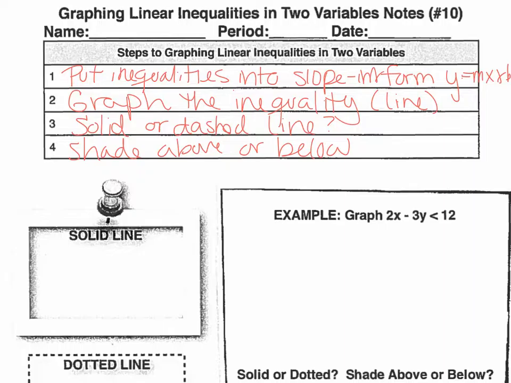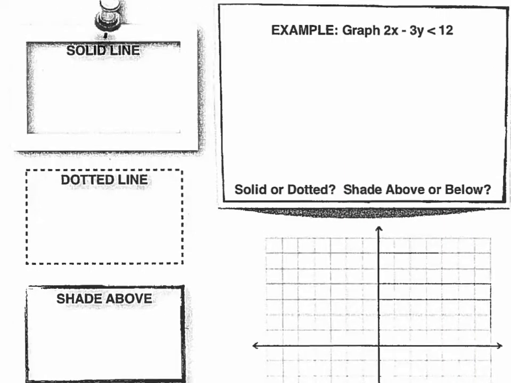and next we'll actually go through an example. Alright, so before we get too deep into our example, let's go through how we determine whether something would be a solid line or a dotted line. We just said that a solid line means you're including those values as part of your solutions. They actually are solutions.